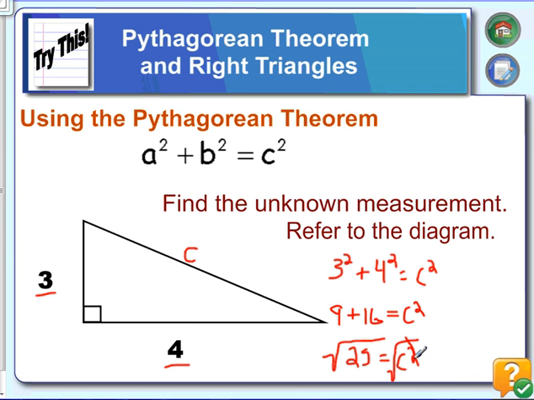So it cancels itself out. Now we're left with c equals the square root of 25. The square root of 25 is 5, because 5 times 5 equals 25. So our unknown side is 5.